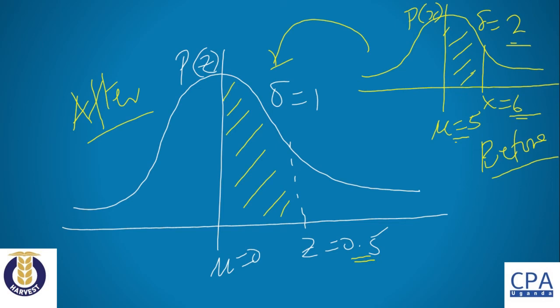Now, when you standardize the mean, which is 5, it reduces to 0. So in all the cases, I'm going to be representing the mean as 0, and then the standard deviation becomes a 1. So in all the examples I'm going to give, I will indicate the mean as 0 and the standard deviation as 1.